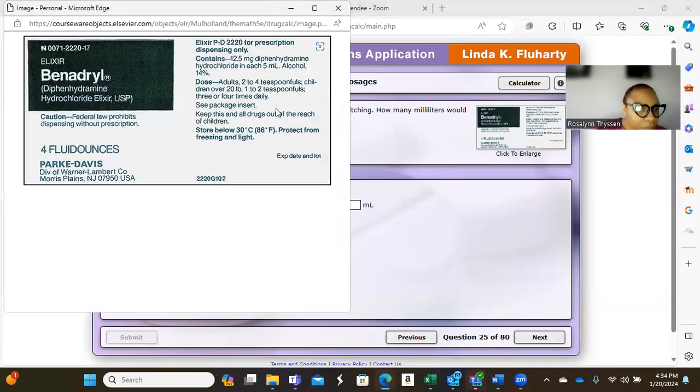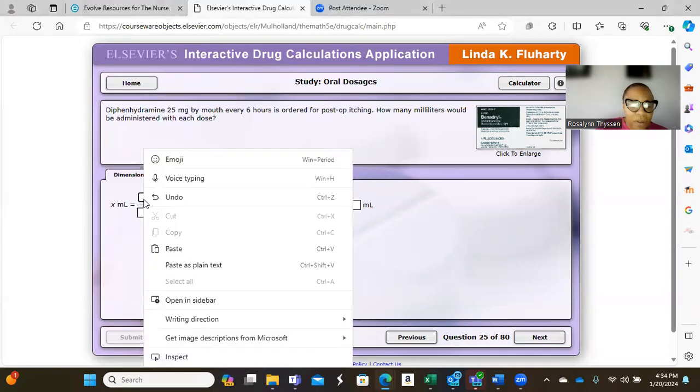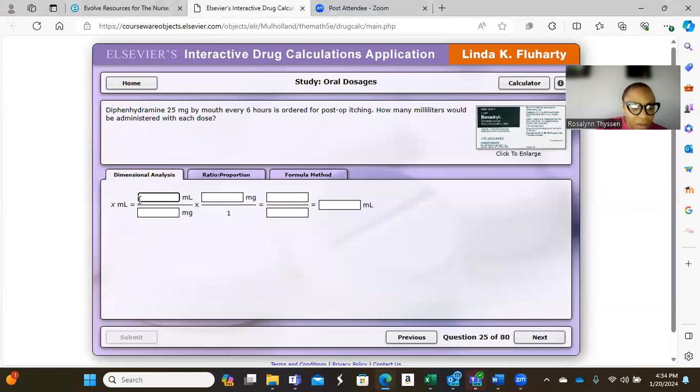According to my label, I have 12.5 milligrams in 5 mils. So 5 mils in 12.5 milligrams. Milligrams is at the bottom. I know it has to go at the top. My order is in milligrams, so how many milligrams do I need? 25. Throw that over 1.